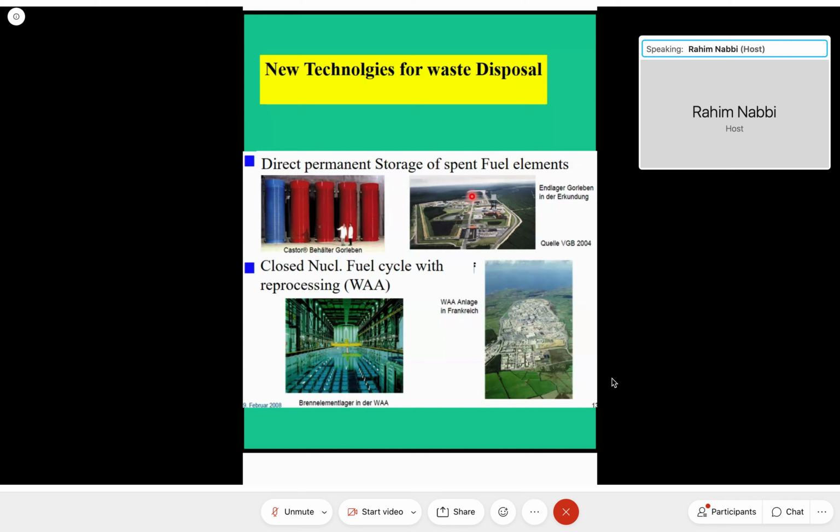At the right-hand side, you see, for example, the repository discussed in Germany called Gorleben.